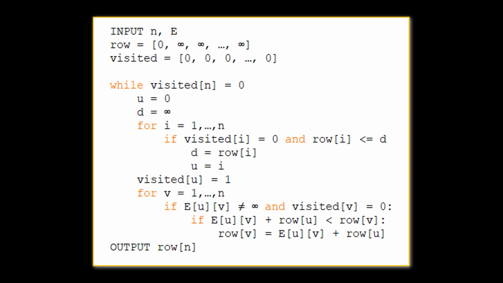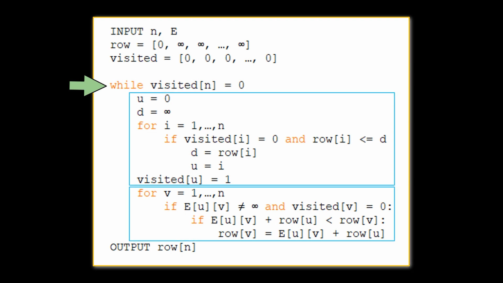We introduce a vector called row, which stores the current distances from the starting vertex, and a vector called visited, which keeps track of which vertices have already been selected as reference values. As long as the destination vertex has not been visited, we repeat the same two alternating moves. The vertical move consists of searching the smallest value in the row among the unvisited vertices.